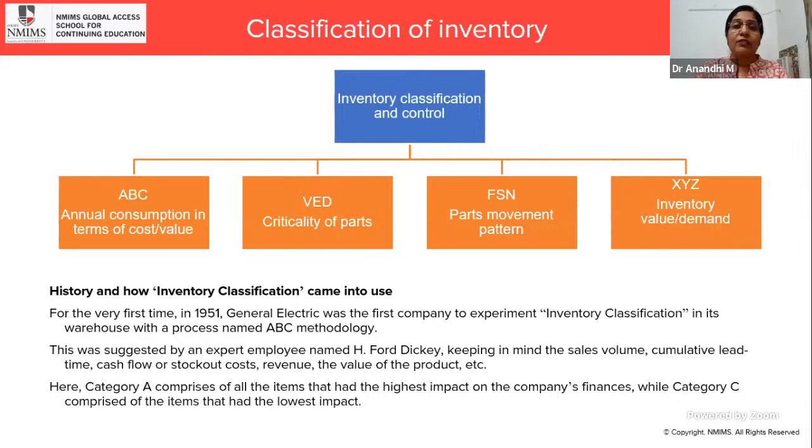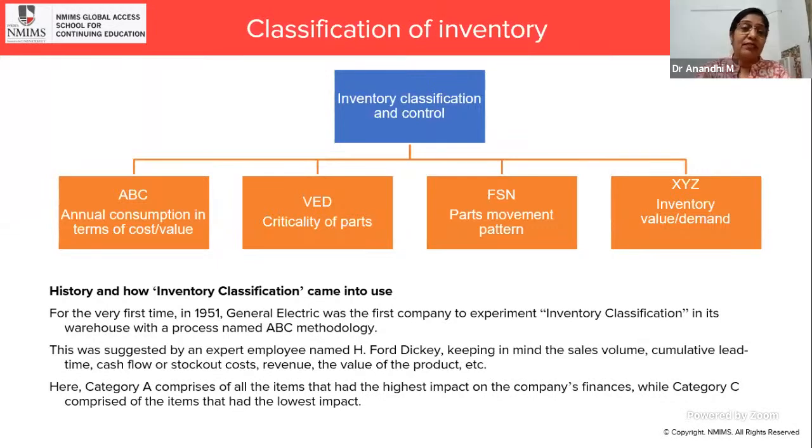So classification becomes an important step as far as inventory is concerned. Basically, there are four methods of inventory classification and control. First, let us classify, then we'll discuss the control techniques, right? The basic ones are ABC, VED, FSN, and XYZ classification.